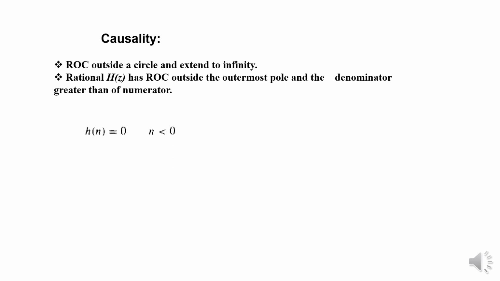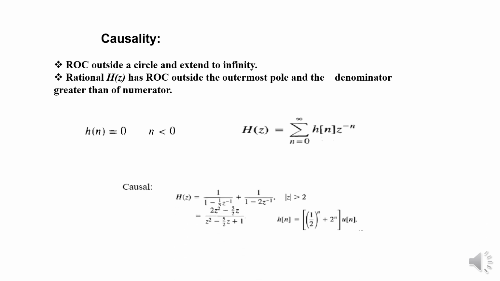So consider h[n] as an example. Here you can see H(z) equals 1 over 1 minus 1/2 z to the power minus 1, plus 1 over 1 minus 2 z to the power minus 1. If we have found h[n], you are getting (1/2)^n plus 2^n times u[n].